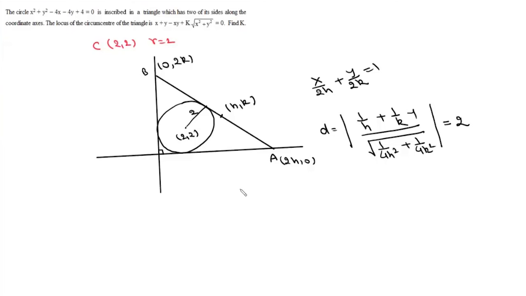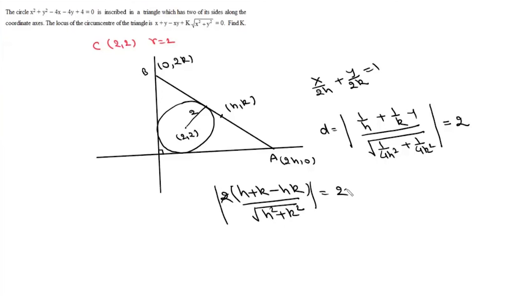Now we can write this as (h + k − hk) upon the square root of (h² + k²), and we can take this 2 here and it is equal to this 2, and we have this mod sign.